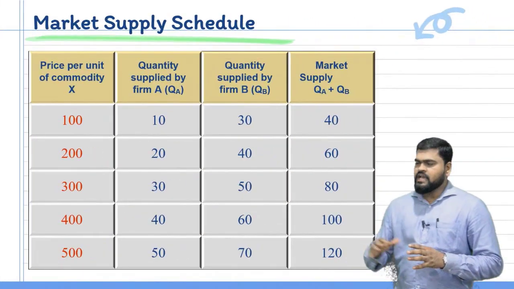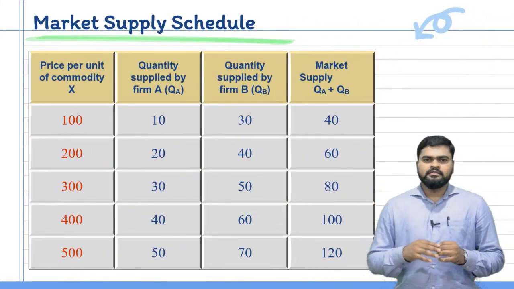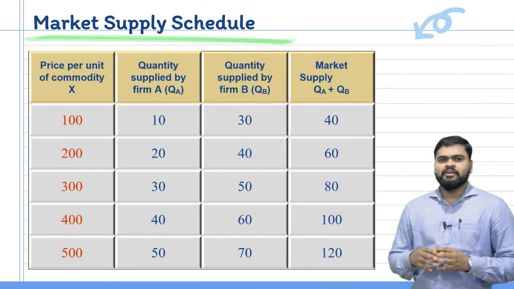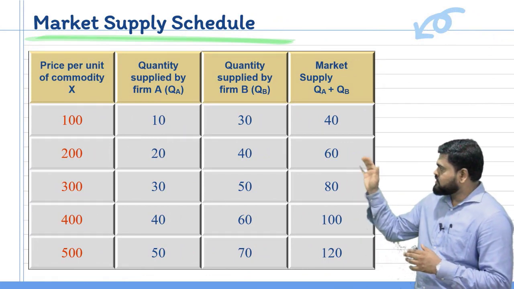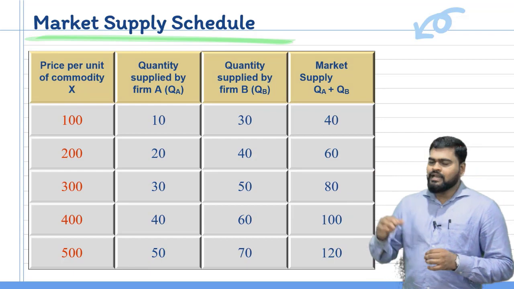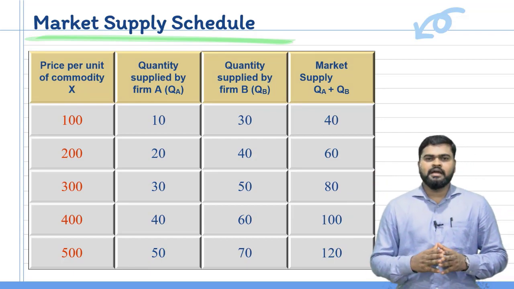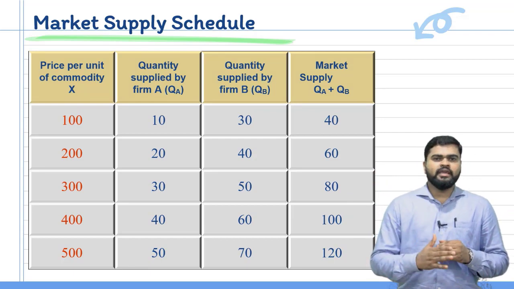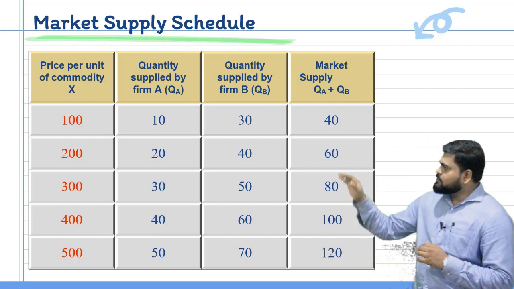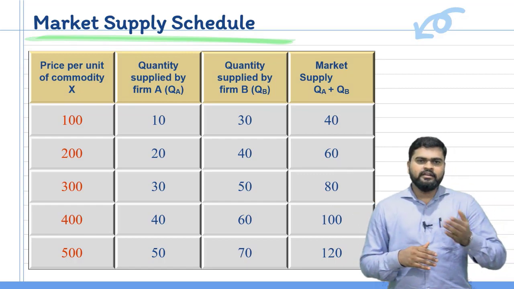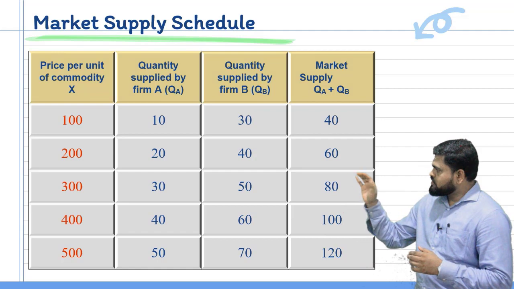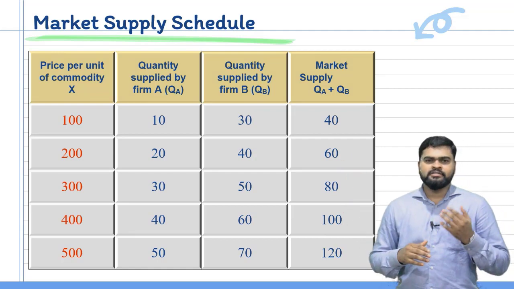So in this schedule we have price of a commodity X, then we have quantity supplied by firm A, next is quantity supplied by firm B, and the last column is the market supply, that is the combination of firm A and B. If you look at the price, we have price that is 100 rupees. When price is 100, quantity supplied by firm A is 10.